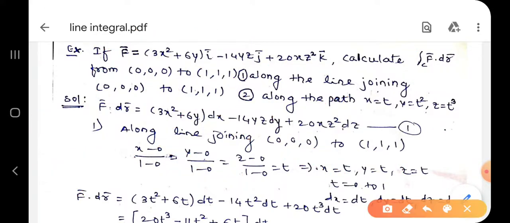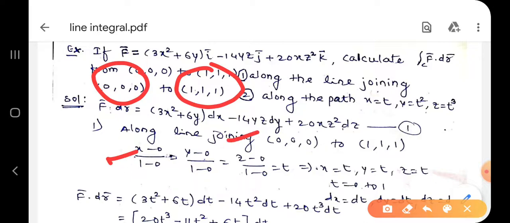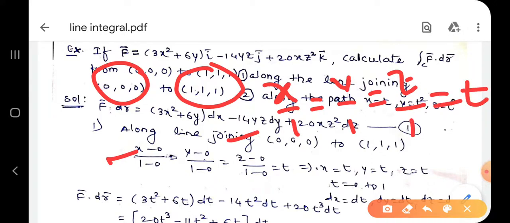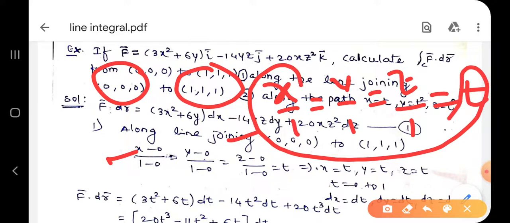So the equation of the line passing through these 2 points (0,0,0) and (1,1,1) is (x minus 0) upon (1 minus 0), (y minus 0) upon (1 minus 0), and (z minus 0) upon (1 minus 0). Got it? So here I can write x upon 1, y upon 1, z upon 1 is equal to t, say. If I equate this, x upon 1 is equal to t, I get x equal to t, similarly y equal to t and z equal to t.